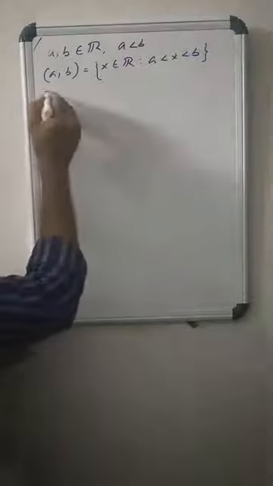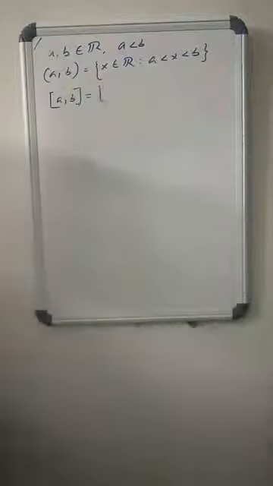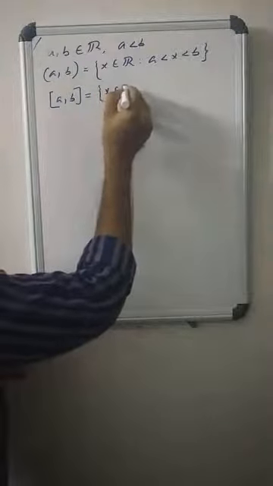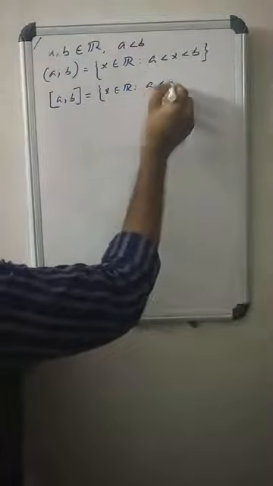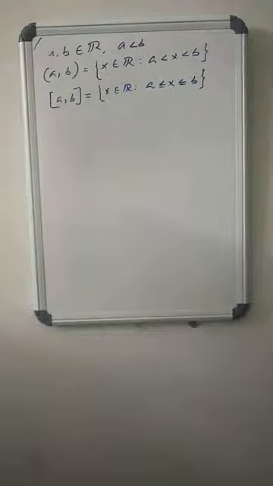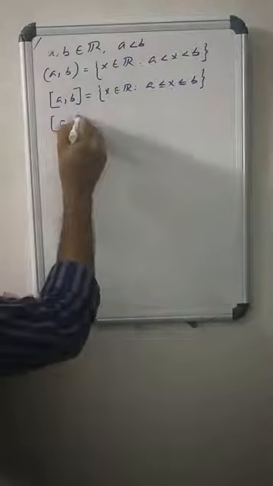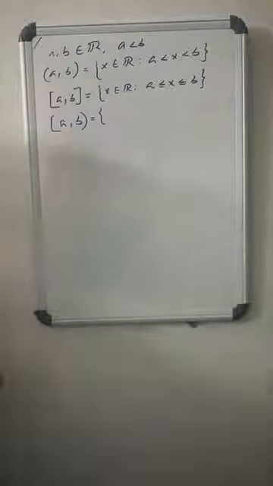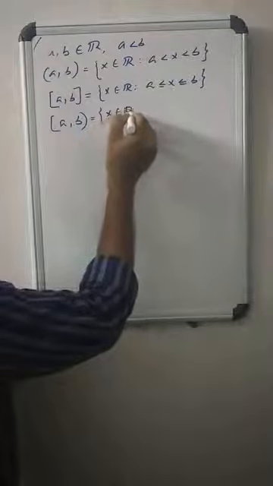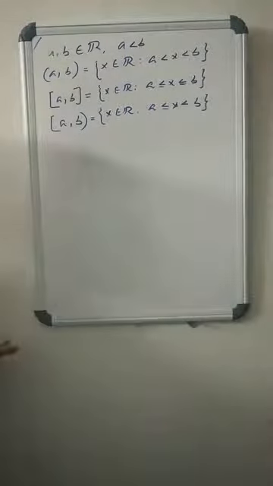The next one is the closed interval [A, B]. The closed interval [A, B] is defined as the set of all x in R such that x ranges from A to B, or A ≤ x ≤ B. Now, the closed-open interval [A, B), a half-closed or half-open interval, means the set of all x in R such that A ≤ x < B. The right endpoint is excluded.